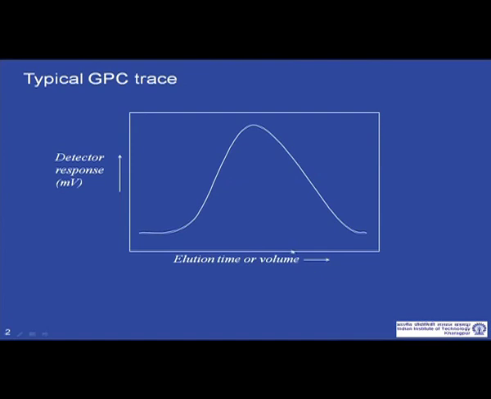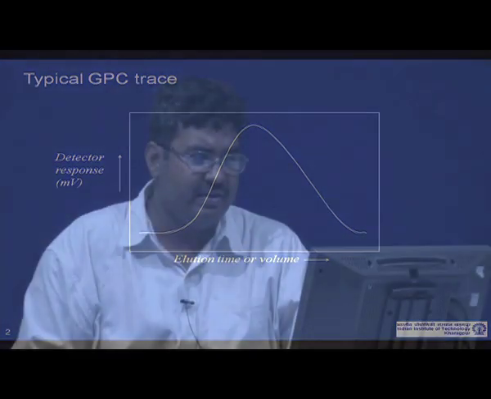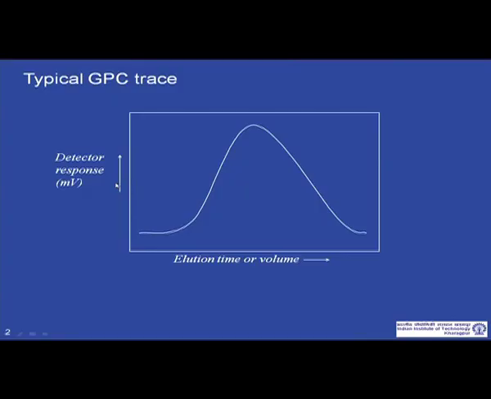Now, this is the last slide we had stopped at in the last lecture. This is the typical GPC trace, where on the y axis you have detector response, and on the x axis typically you have elution time, which can easily be converted into elution volume.